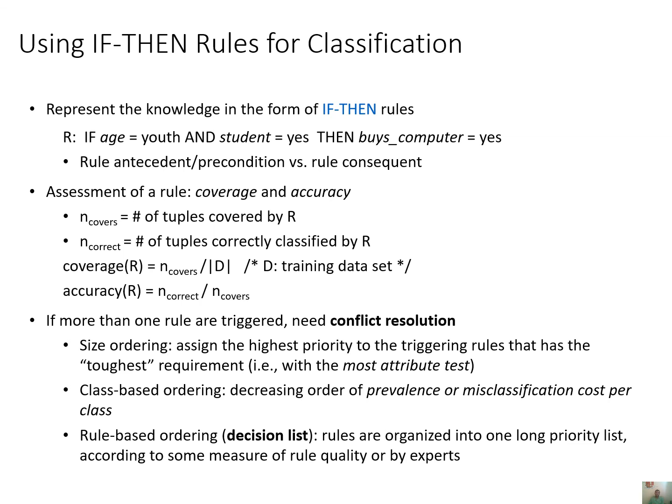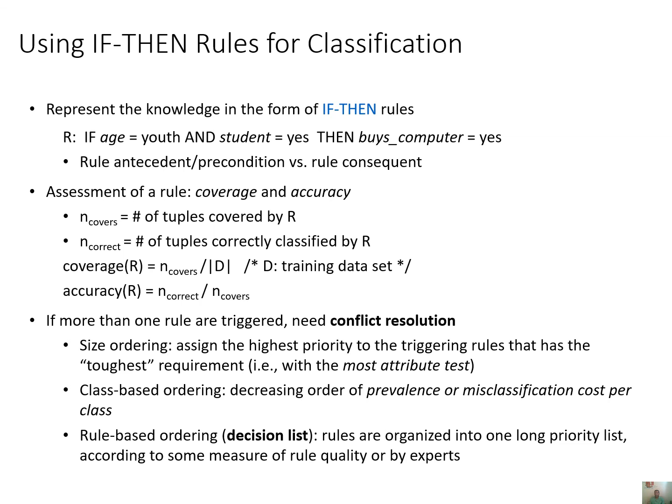Whenever we construct a rule, we are supposed to check its characteristics, coverage and accuracy. n covers is the number of tuples covered by R, where R is the rule. Correct means how many correctly classified examples there are under this rule.